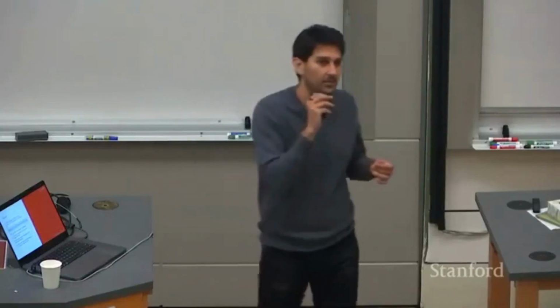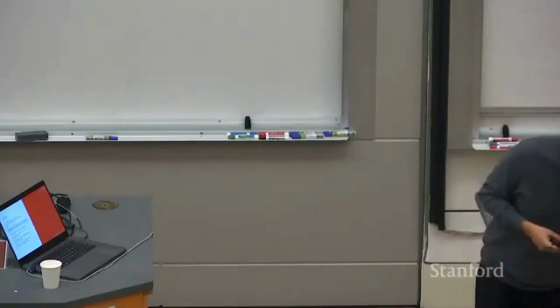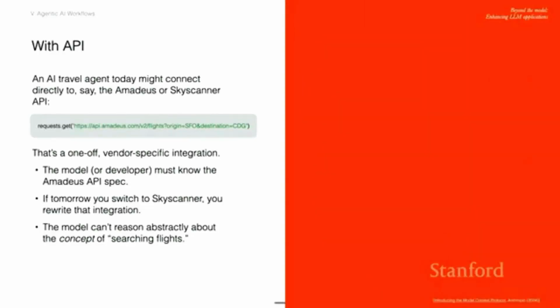Now, I presented the flight API, but it does not have to be an API. You probably have heard the term MCP, or Model Context Protocol, that was coined by Anthropic. I pasted the seminal article on MCP at the bottom of this slide, but let me explain in a nutshell why those things would differ. In the API case, you would actually teach your LLM to ping an API.